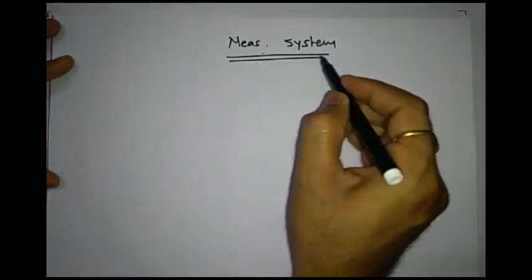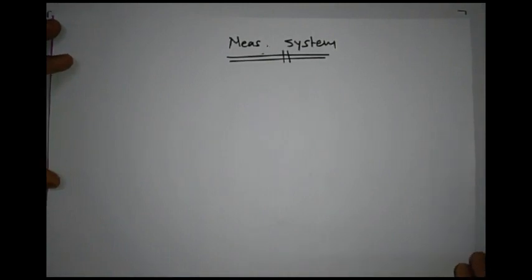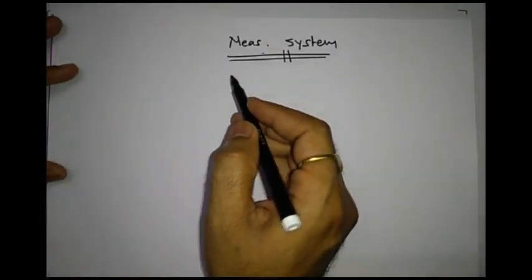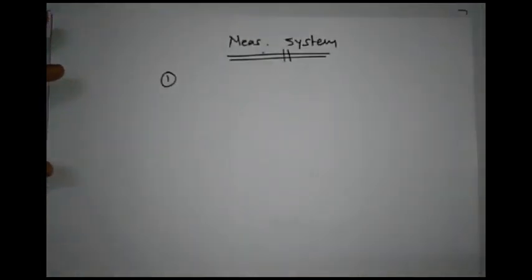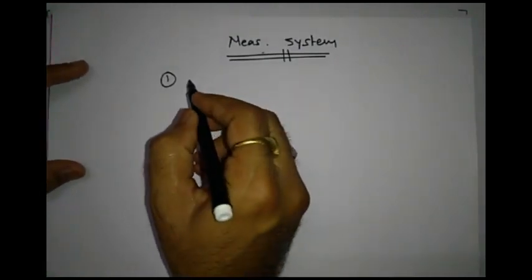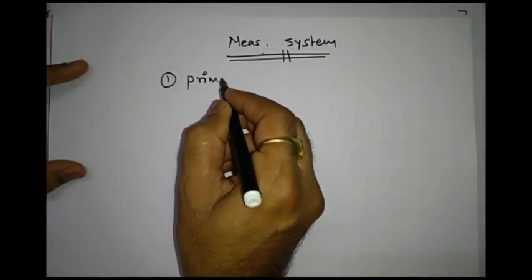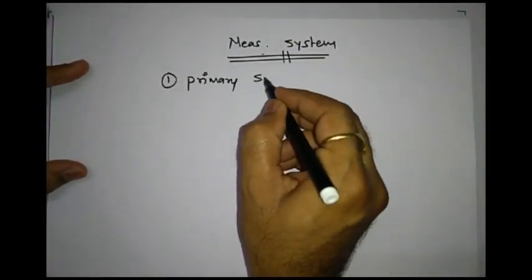Basically, the basic elements available in any measurement system are divided into three main categories. First, the fundamental element of any measurement system, is the primary sensing element.